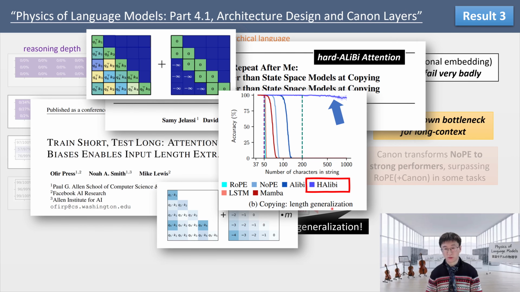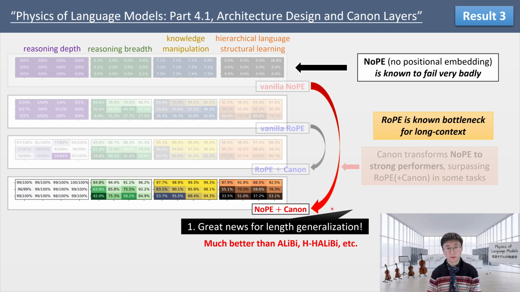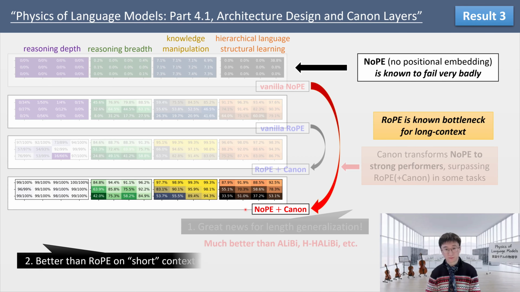How do they perform? This is a picture I'm going to show you on the next slide. ALiBi or hard ALiBi perform pretty badly on other kinds of synthetic tasks in our playground. And you really want to use this NoPE plus Canon. It works much, much better than ALiBi and hard ALiBi on our synthetic tasks. This I'm going to show you on the next slide.